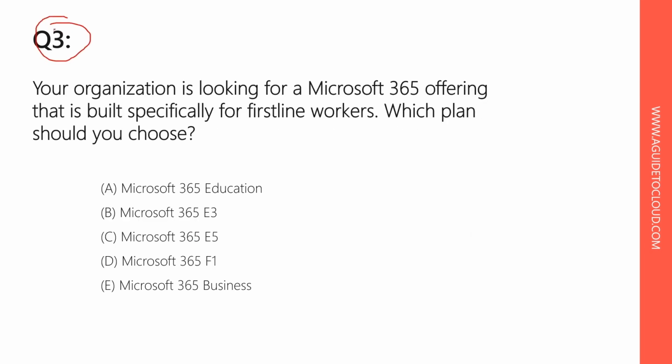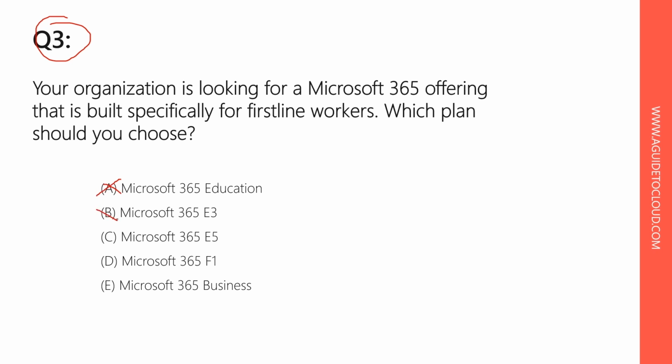The next question is, your organization is looking for a Microsoft 365 offering that is built specifically for first line workers. Which plan should you choose? It's a fairly simple solution. Education? No, because the education plan is for academics and educational institutions.